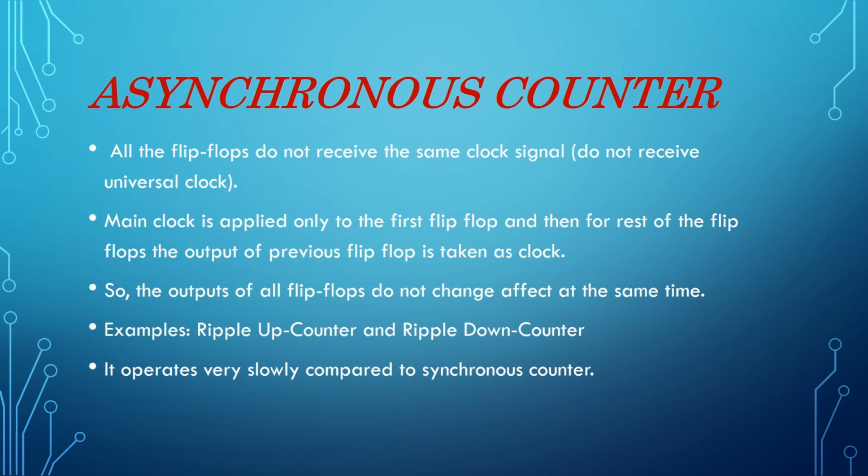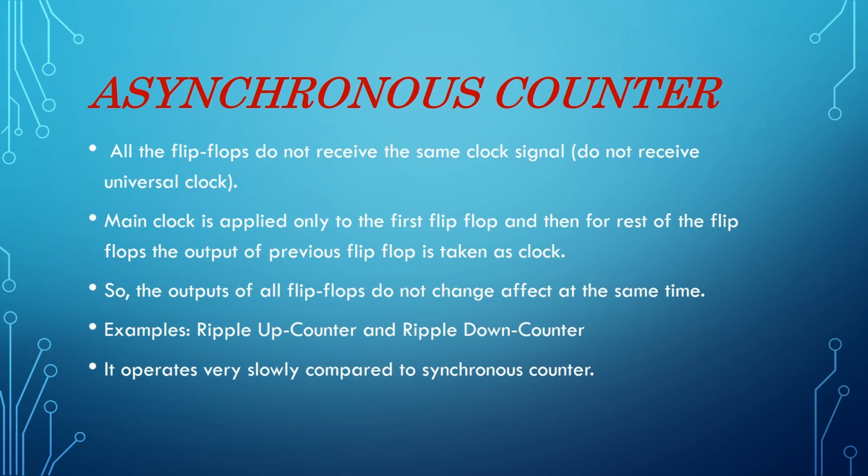The flip-flops change their output with respect to the clock. Suppose we consider a passage of clock, all the flip-flops trigger at the passage of clock. Suppose the first flip-flop depends on the external clock. If the external clock goes from low to high, then the flip-flop triggers and changes its output value according to the input.